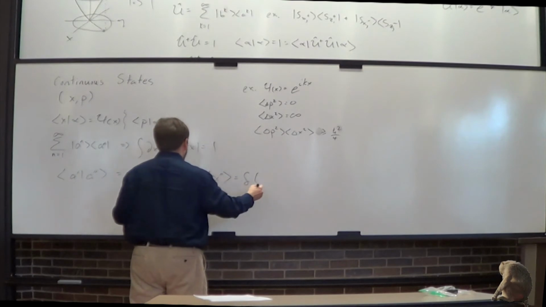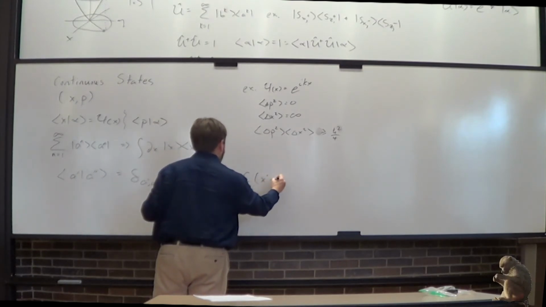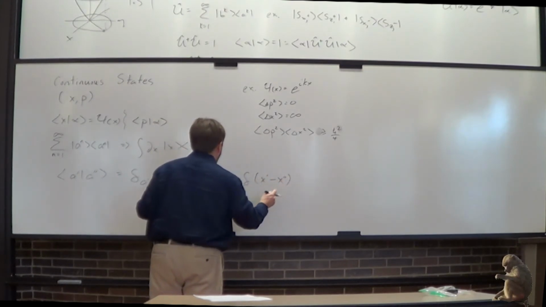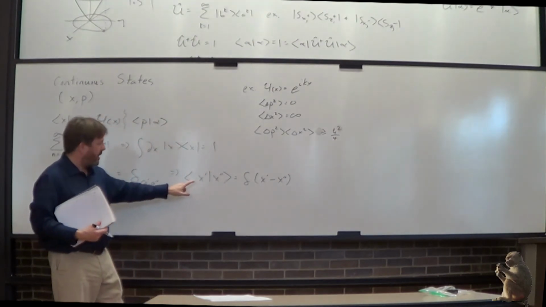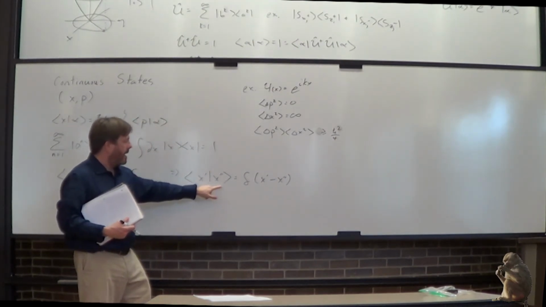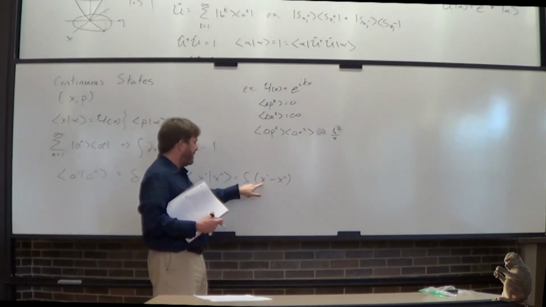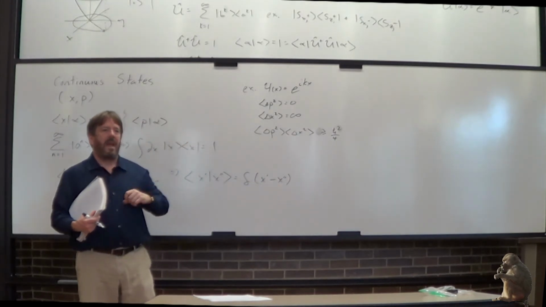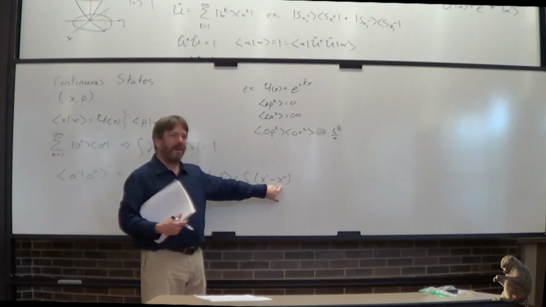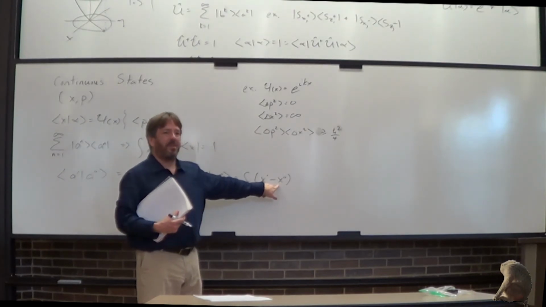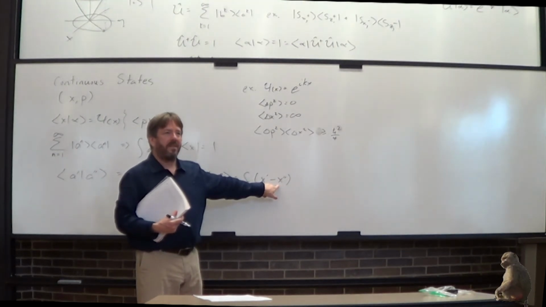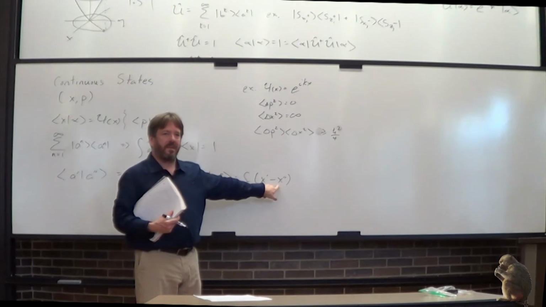Again, you see my use of dashes is to distinguish which one is which. I also try to be careful about this. When I write the bra ket this way, the delta function is bra minus ket. Now, in all honesty, it doesn't matter. I'm going to try my best to keep it straight, but the Dirac delta only does things when the argument is 0.